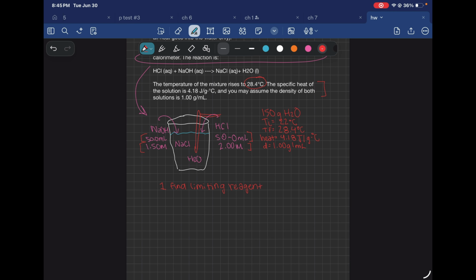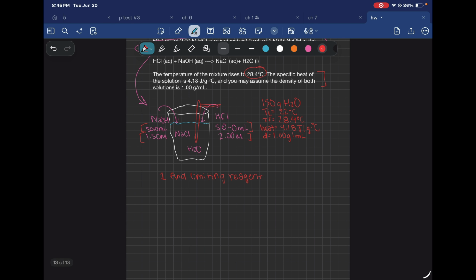And if it's not already in liters, then we have to convert it into liters. So let's do 50 milliliters. Let me do a different color actually. Let's do pink. So we have 50 milliliters. And let's start off by doing HCl. So we have 50 milliliters of HCl.